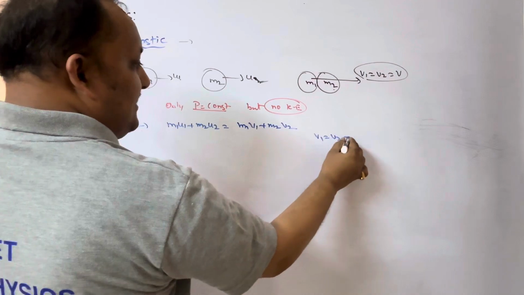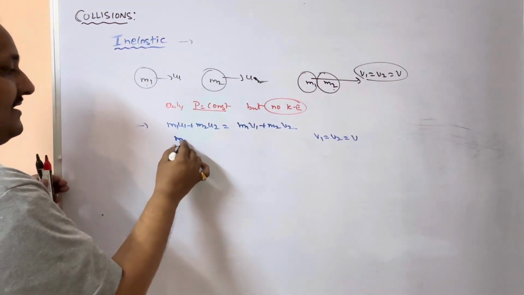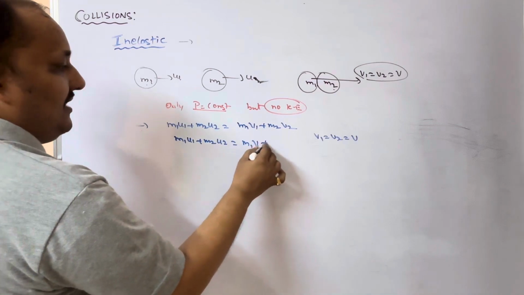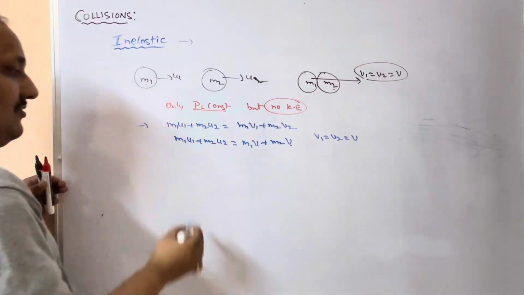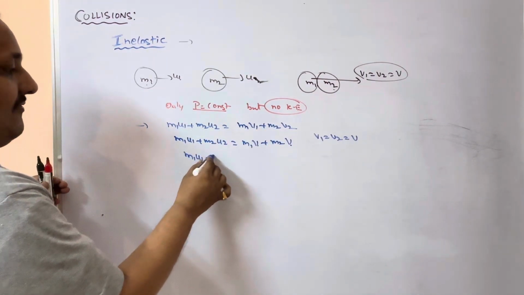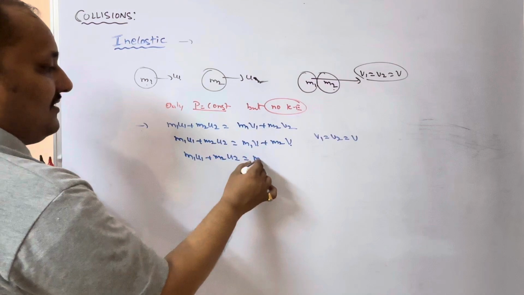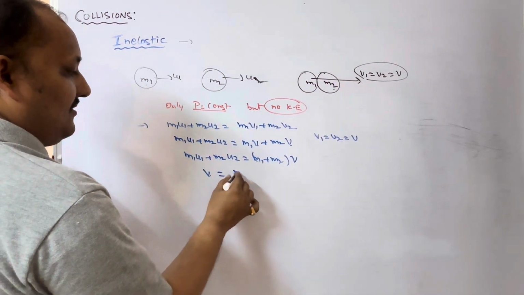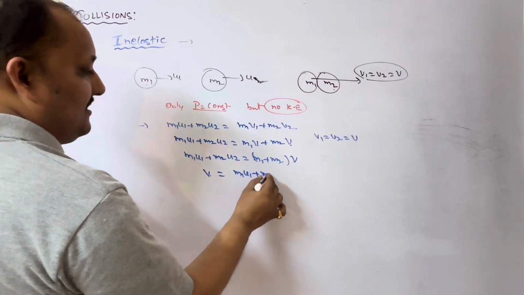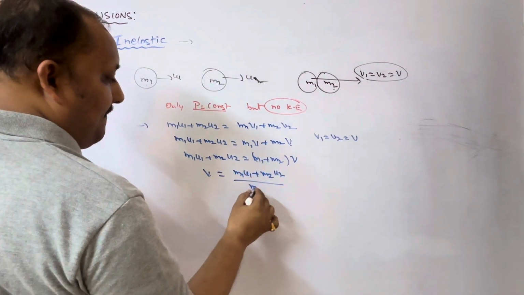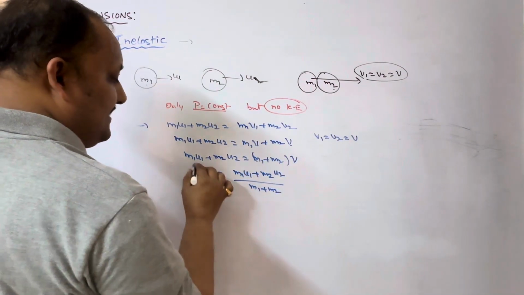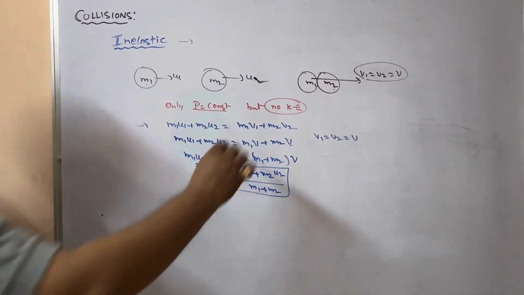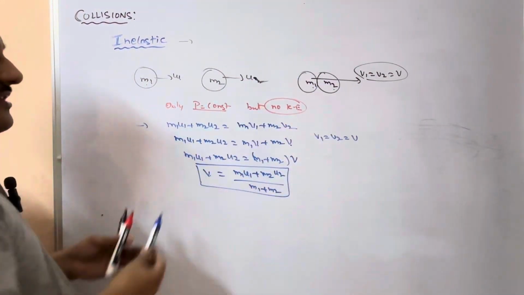But the velocities are the same, therefore m1 u1 plus m2 u2 is equal to m1 v plus m2 v, which is (m1 plus m2) into v. So v is equal to (m1 u1 plus m2 u2) by (m1 plus m2). This is the common velocity of the two objects after the collision.